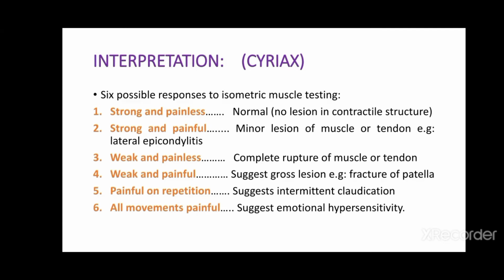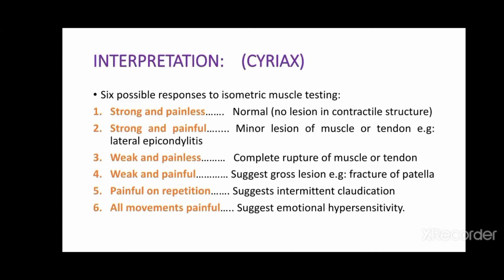And the fifth one is painful on repetition. It suggests that the patient is suffering from intermittent claudication. What is claudication? Basically, it is a severe pain in the buttock, thigh region, and the calf region due to arterial insufficiency.